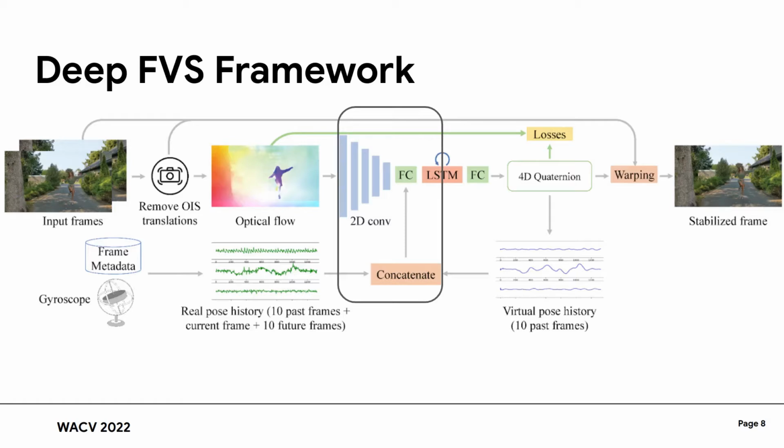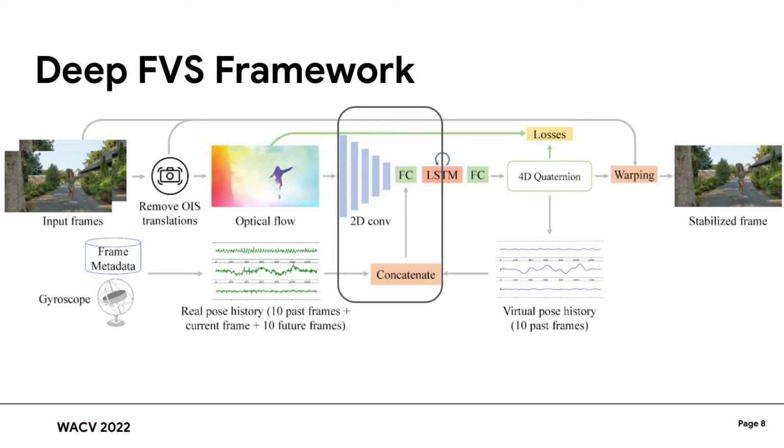Specifically, the optical flow is mapped to a low-dimensional feature space through encoder layers. We then extract the real camera motion within a time window from the past and future 10 frames. The motion for each frame is represented by a 4D coordinate, and we extract the rotation difference between them as the motion representation.